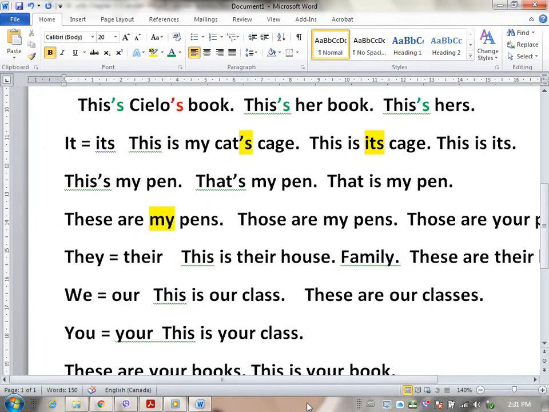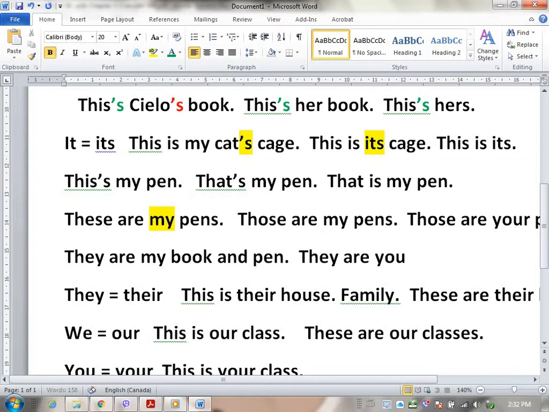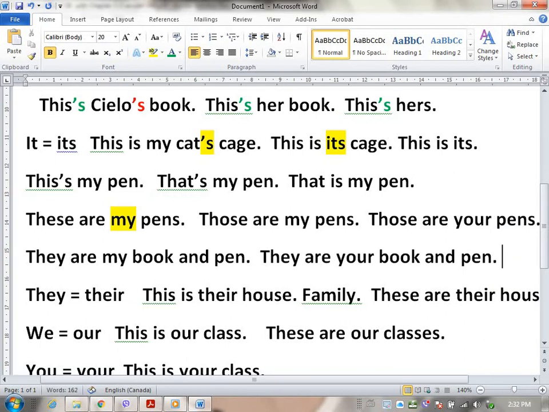If something is more than one, for example, let's say I have book, I have pens, I say they are, you see, they are my book and pen. So there are two things, you see here. Or I could say here, they are your book and pen.